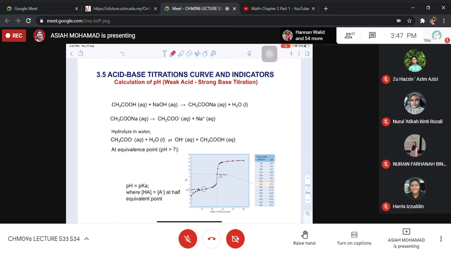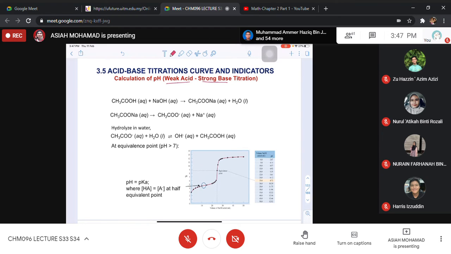Okay, and then calculation of pH, weak acid and strong base. The previous titration, the second one, was weak base strong acid, but this one is the other way around, weak acid strong base. The concept is just about the same as the second one that we have discussed, but with a strong base and weak acid, you will get a basic salt.